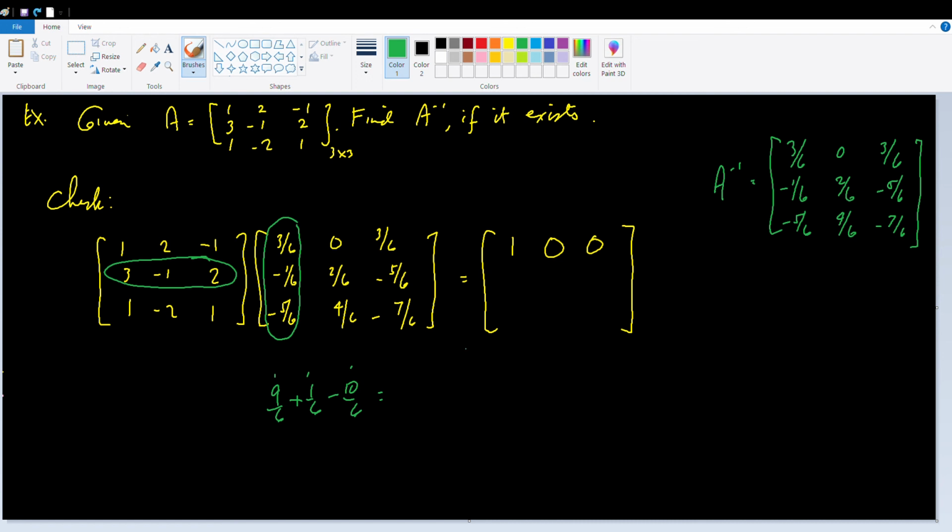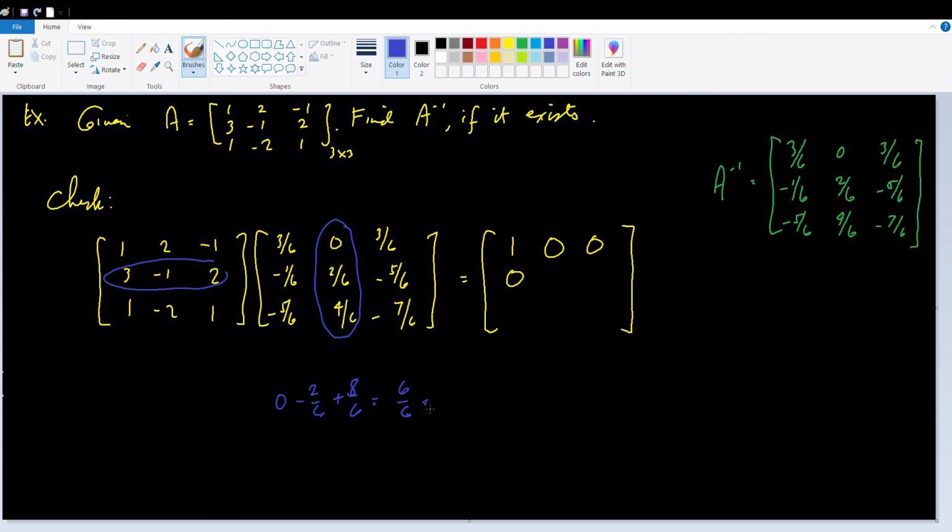Okay? So we have 0. Next, second row, second column. 3 times 0 is 0. Negative 1 times 2 over 6 is negative 2 over 6. 2 times 4 over 6 is 8 over 6. Negative 2 plus 8 is 6 over 6 or 1.